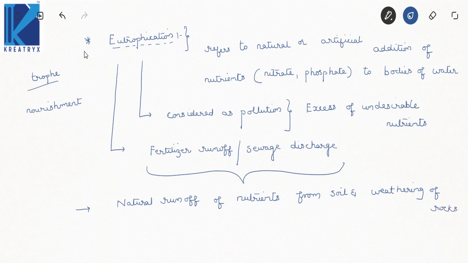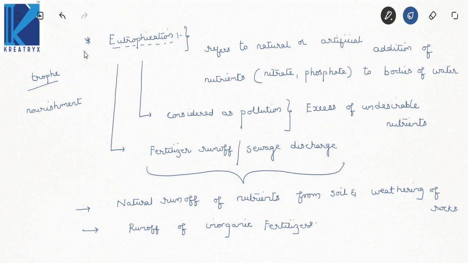Now what is another cause, right? Runoff of inorganic fertilizers, right? Inorganic fertilizers, already we have discussed this, but I have written this in a word format in order to have clarity, right?